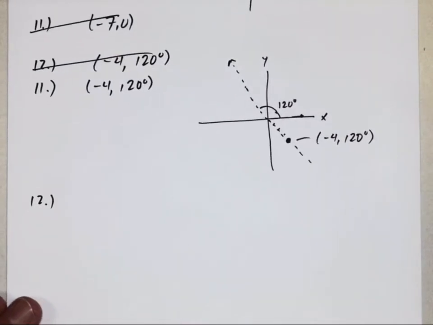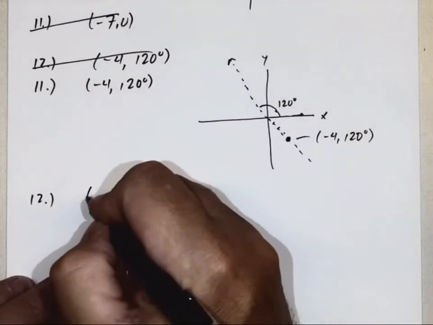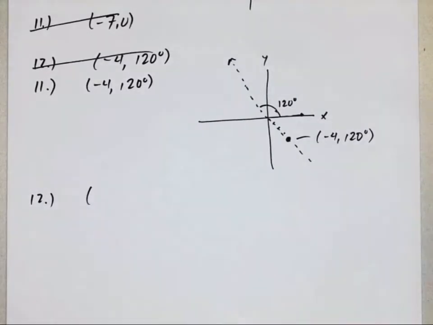Wow, there are lots of these plotting polar coordinates. So number 12 is, wow, another repeat.